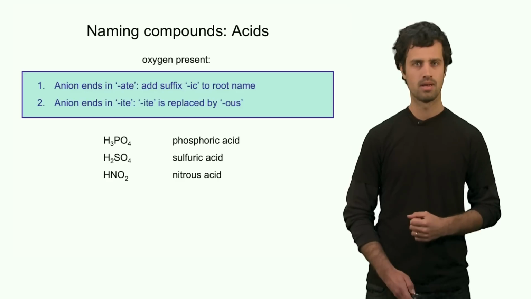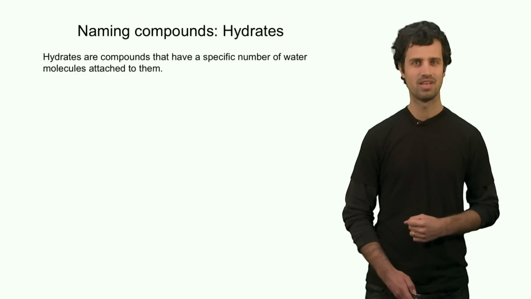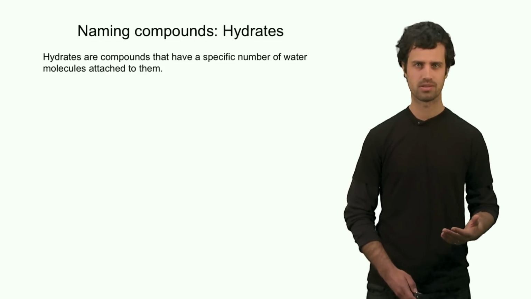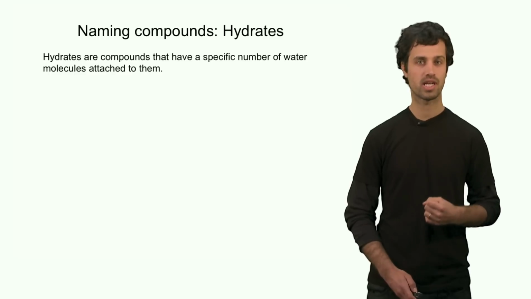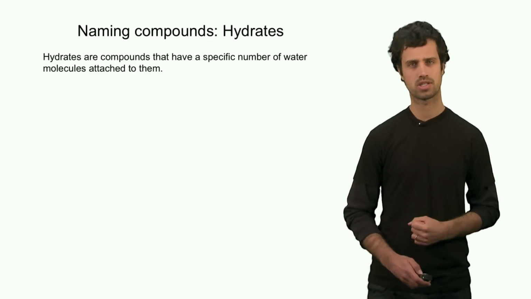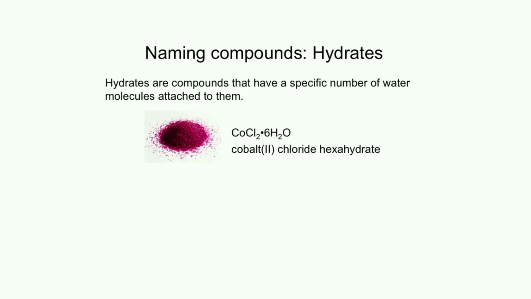The last set of substances that we will be focusing on in this segment are the so-called hydrates. What are hydrates? Hydrates are structures that incorporate water molecules as part of their structure. For instance, this compound here is cobalt 2 chloride with 6 water molecules incorporated per unit of cobalt 2 chloride.